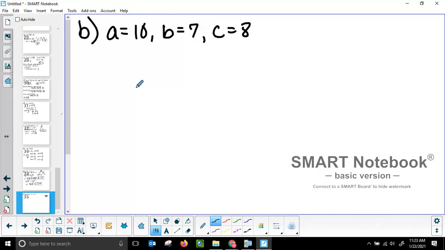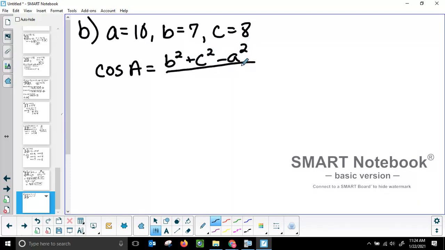There's two different forms. Since we're looking for an angle, we're going to want to use the form that says cosine of A is equal to B squared plus C squared minus A squared all over 2bc. So eventually we're going to take the inverse cosine of both sides.